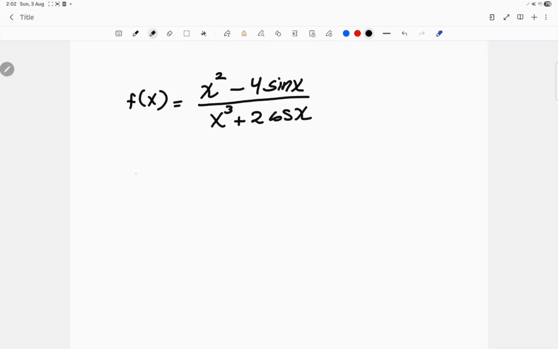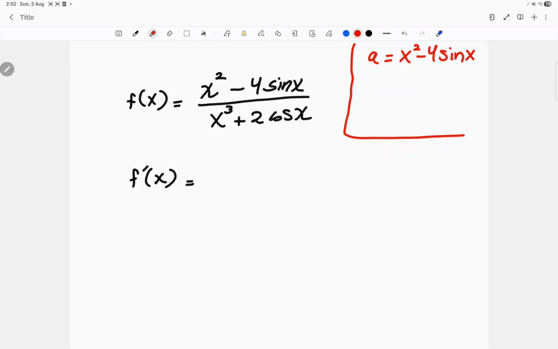Now, given this equation, find f prime. You have to use the quotient rule, obviously, right? Because when you differentiate a fraction, you have to apply the quotient rule. So go ahead. Why don't you start by finding your a term, which is the numerator, and the b term. Now, what's the a prime?